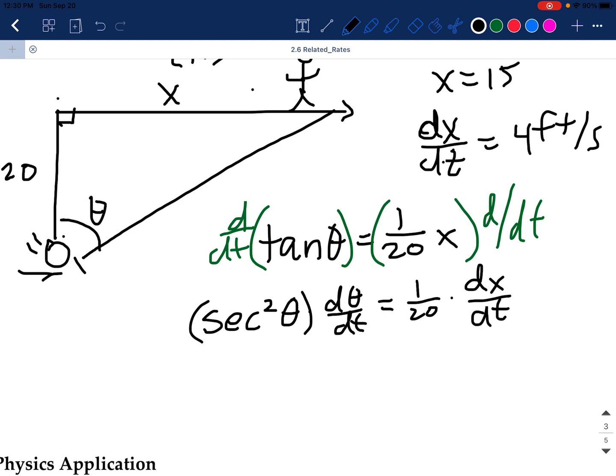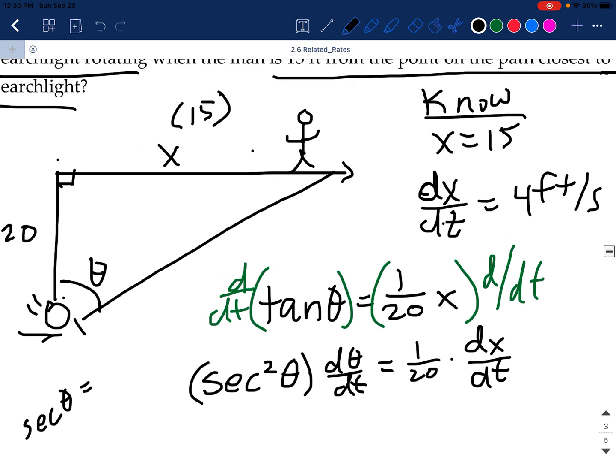Now we just need to put some values in. We should note what secant theta is. If we fill in our triangle, we've got a 15, 20, 25 triangle at that moment, even though the hypotenuse is a variable quantity. It's a multiple of the 3, 4, 5 triangle. Secant is hypotenuse over adjacent, which is 25 over 20.